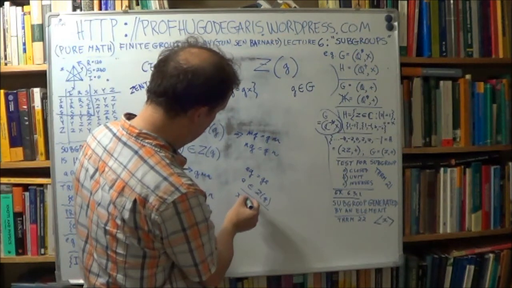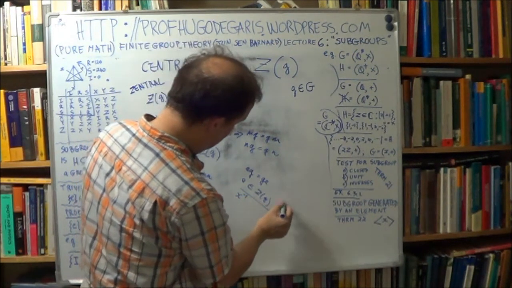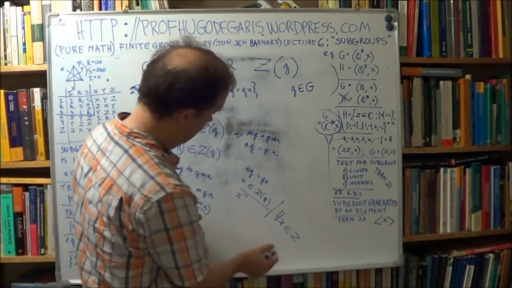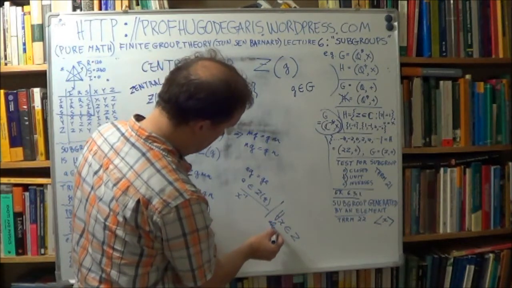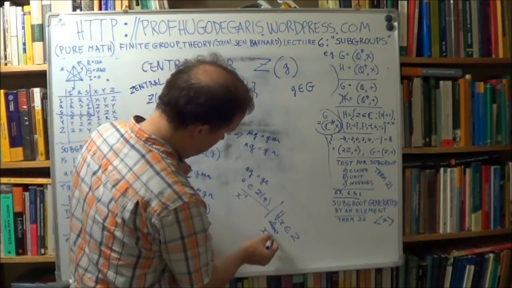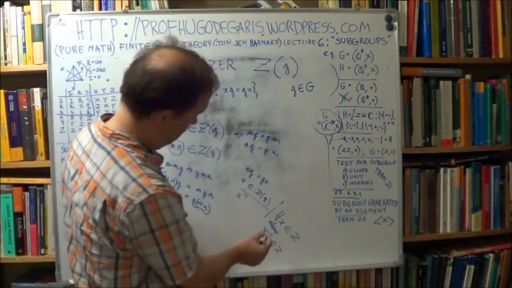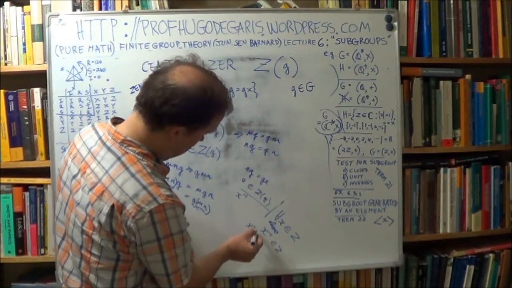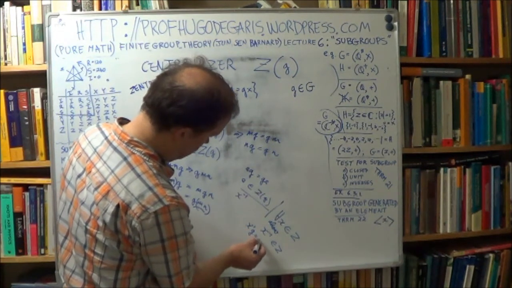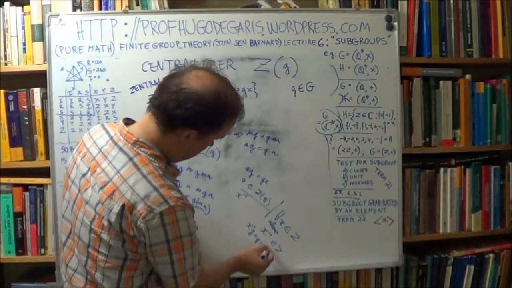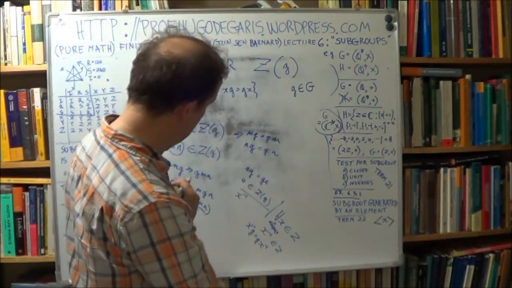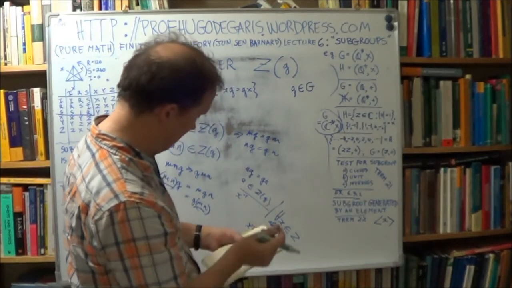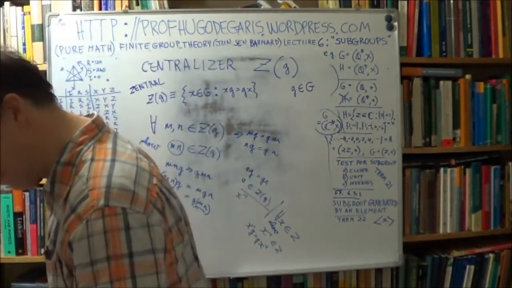For all x belonging to Z, we have to show that the inverse belongs to Z. And if that's true, that means that x inverse g equals g x inverse.